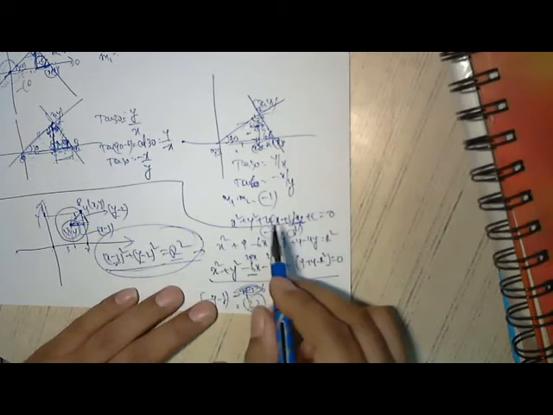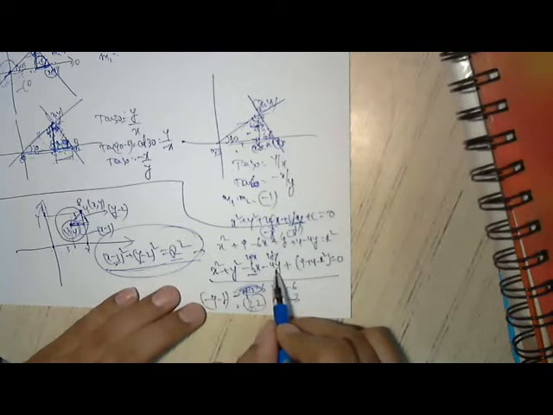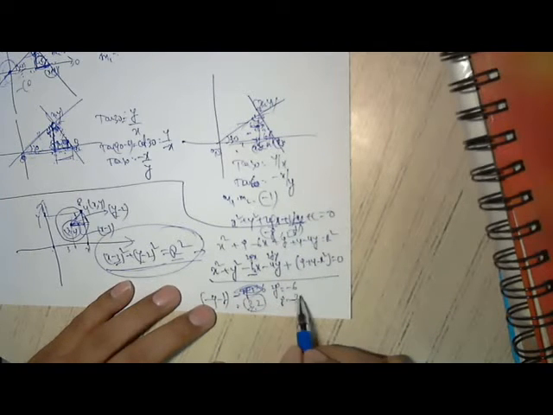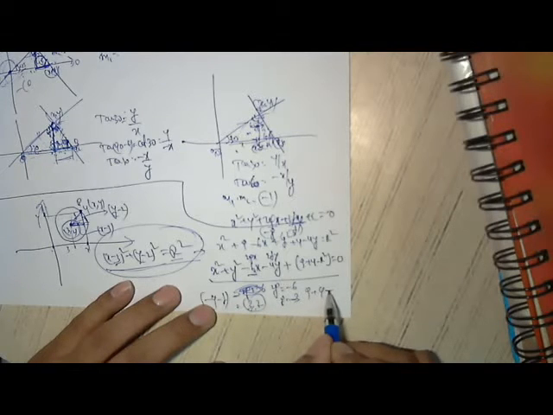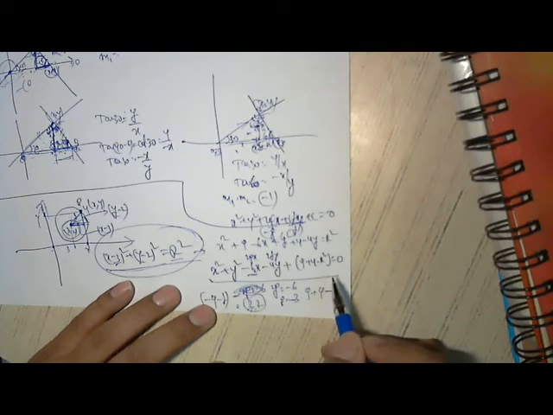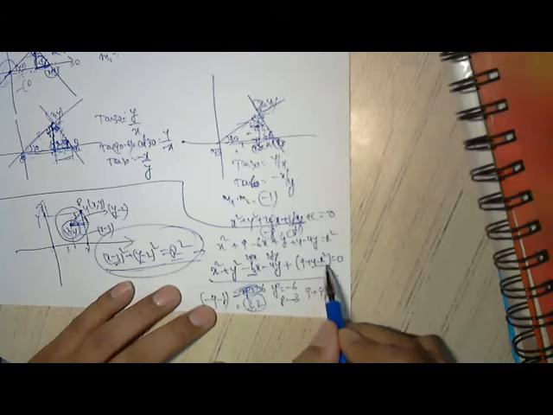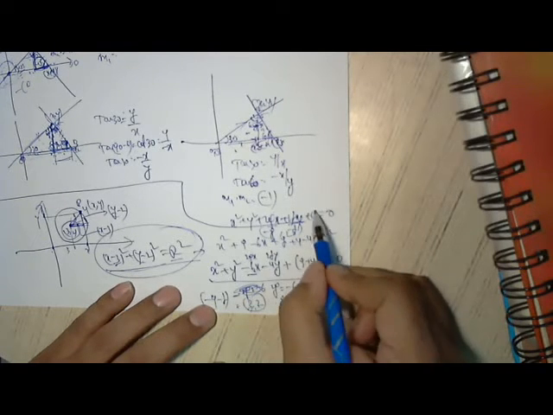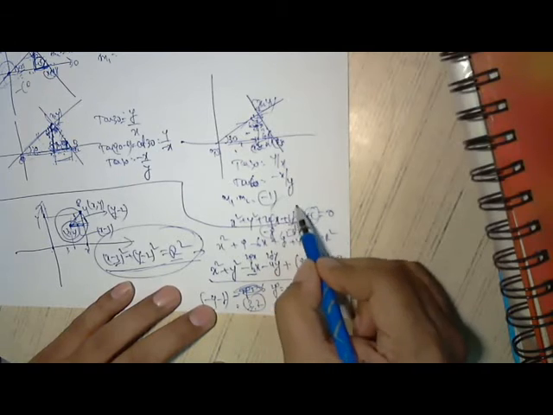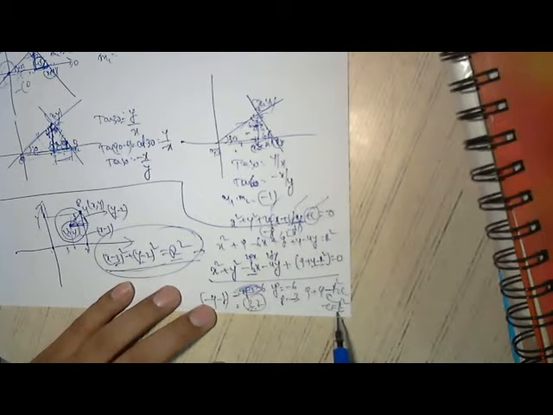Radius is square root of g square plus f square minus c. g square is 9, f square is 4. When I do r square, I get c, so minus c becomes r square. So g square plus f square minus c is equal to r square.